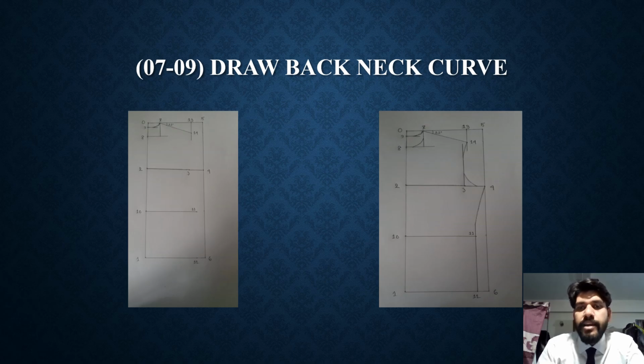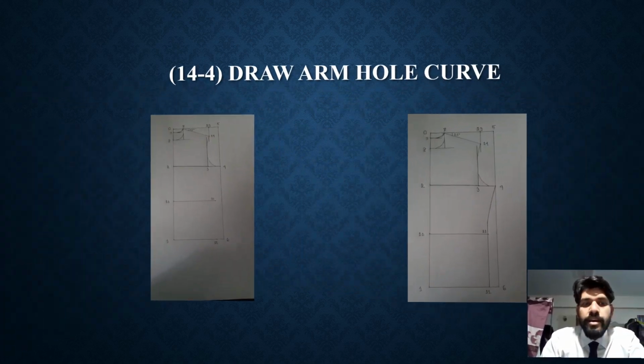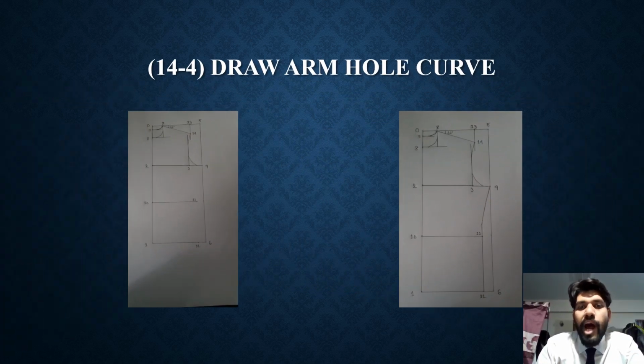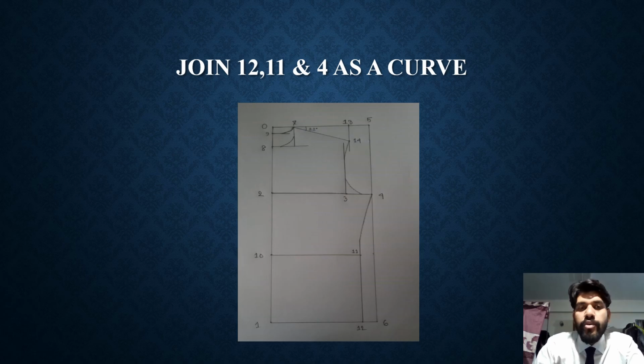Draw back neck curve. Next slide. 7 to 8. Draw front neck curve. Next slide. 14 to 4. Draw armhole curve. Next slide. Join 12, 11 and 4 as a curve.